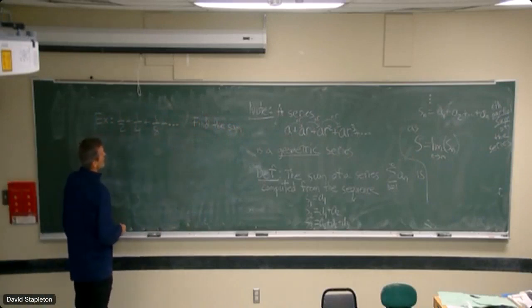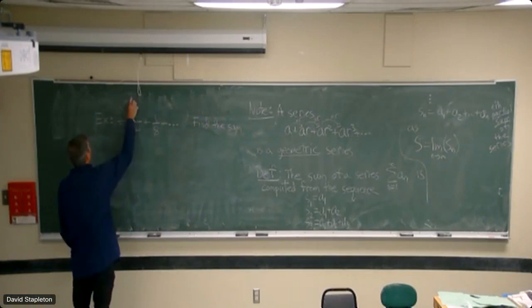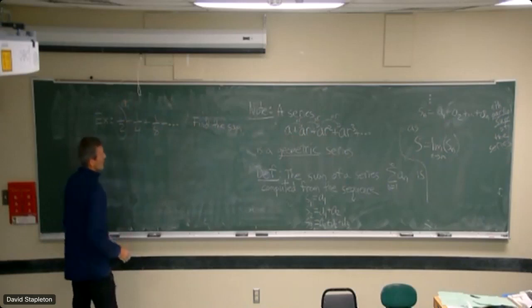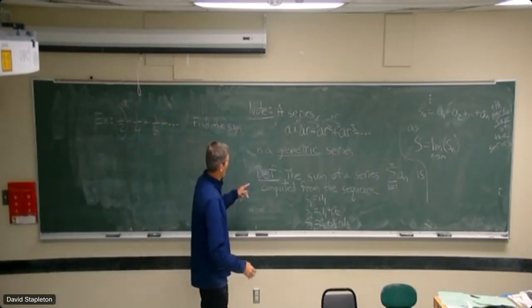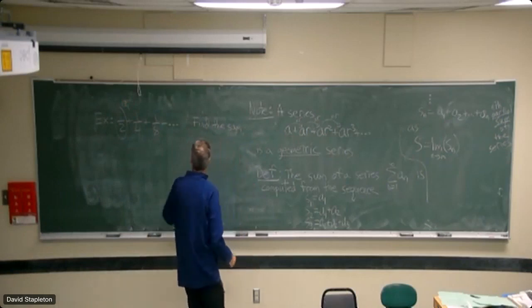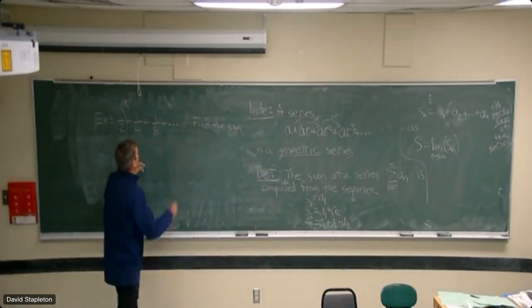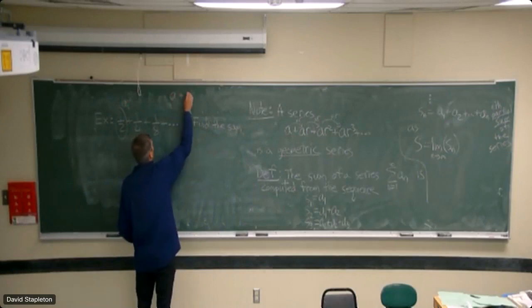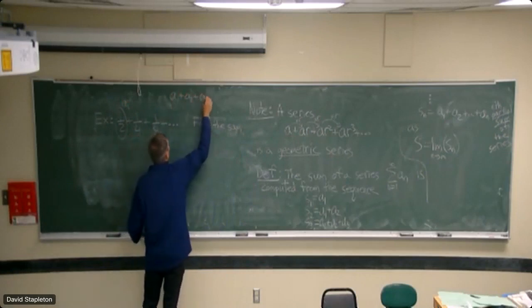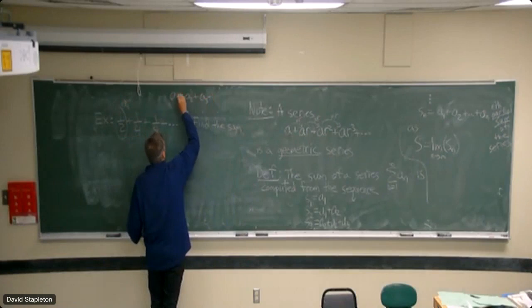So the sum of the series, I can say this is my first term. By the way, I didn't write it down, but when you write an infinite series, these are called the terms. So this is the first term.